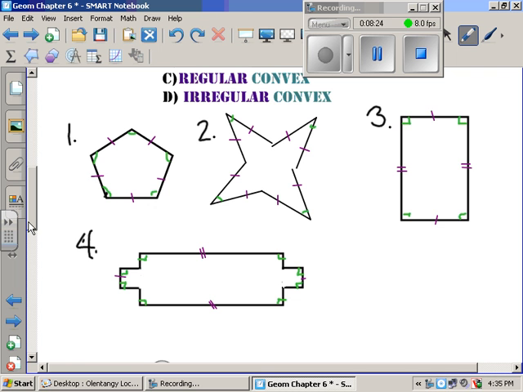concave or convex. This has all equal sides and equal angles, so it's regular. And all the angles point out, right? So it's convex.